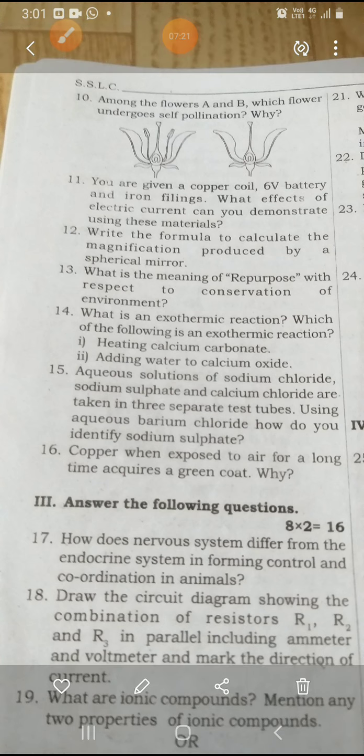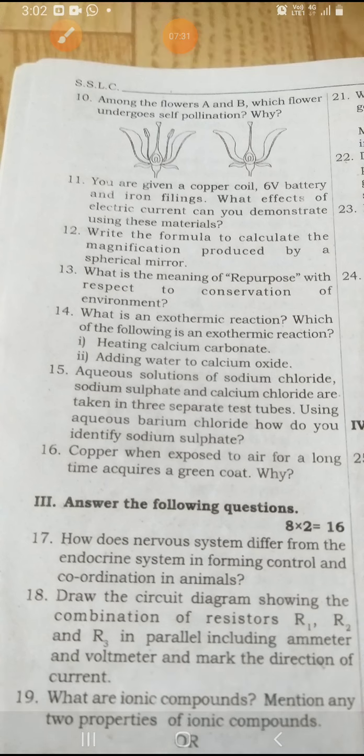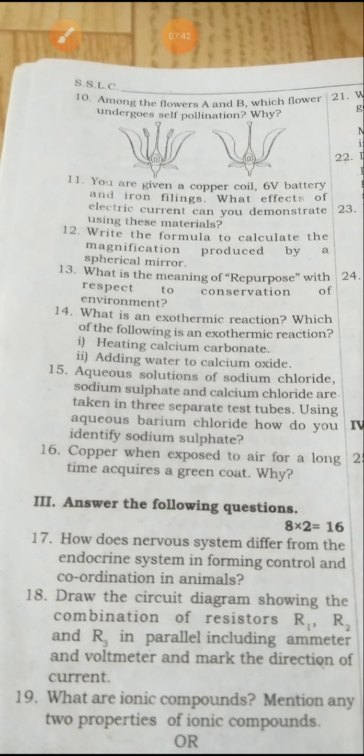We have discussed this many times in the class. For example, in the last question paper we discussed that Raju bought some paint buckets, and after using the paint, Raju used those buckets to grow plants in his balcony. That is also repurpose.